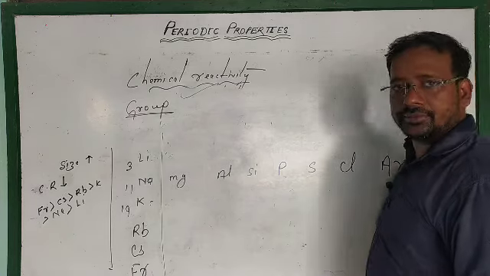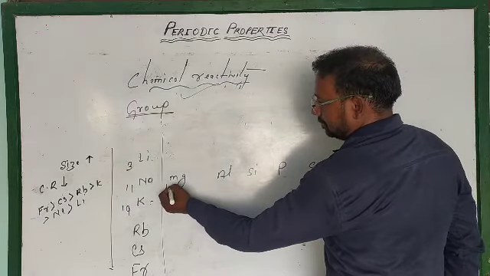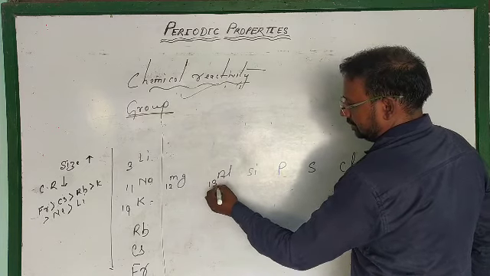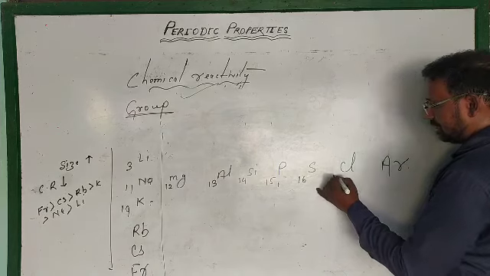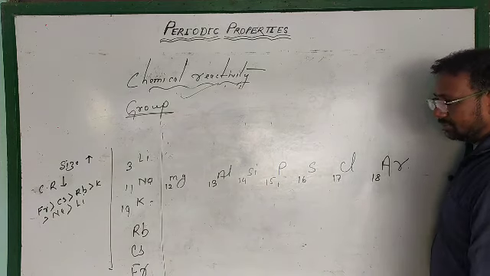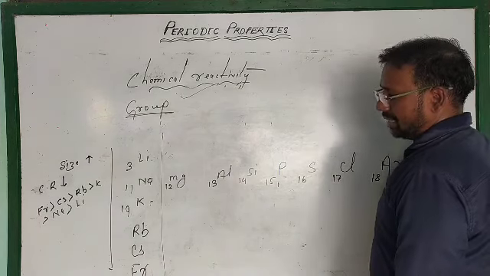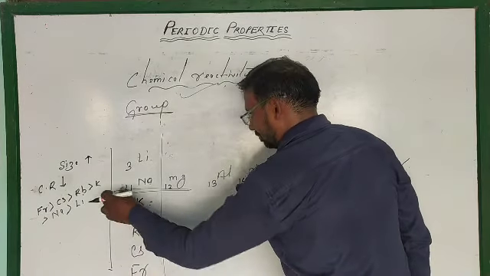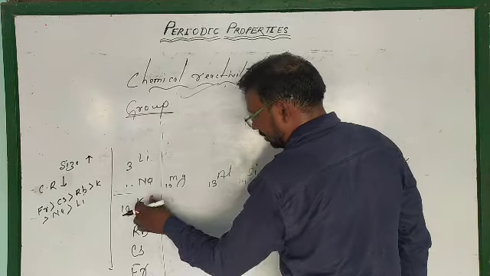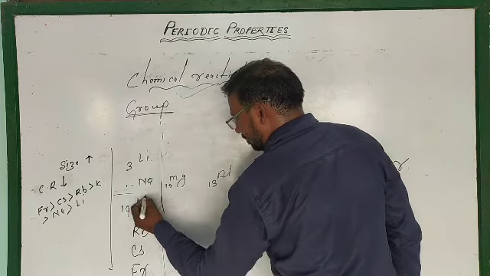This is the third period. Its atomic numbers are 12, 13, 14, 15, 16, 17 and 18. First, we will compare sodium and magnesium.